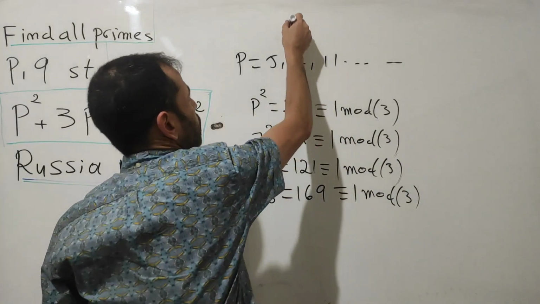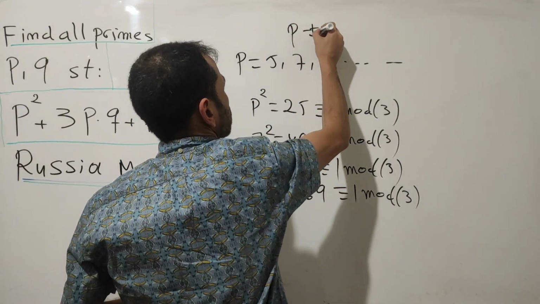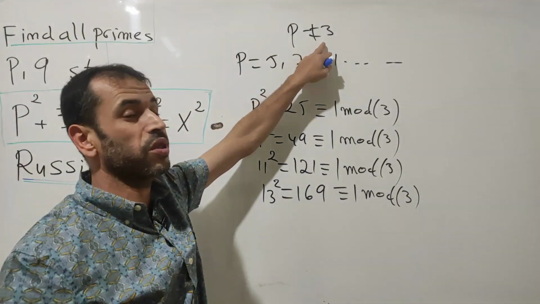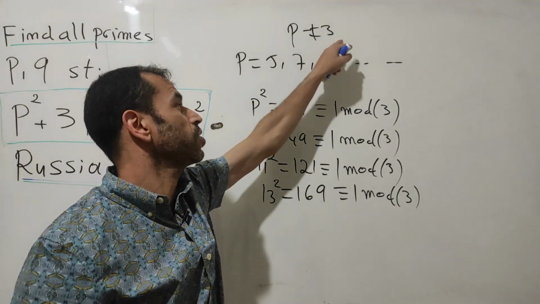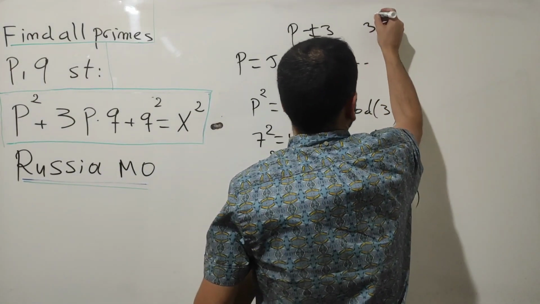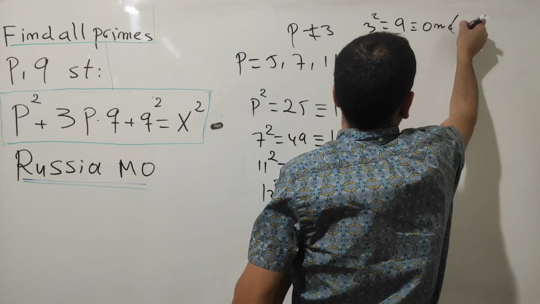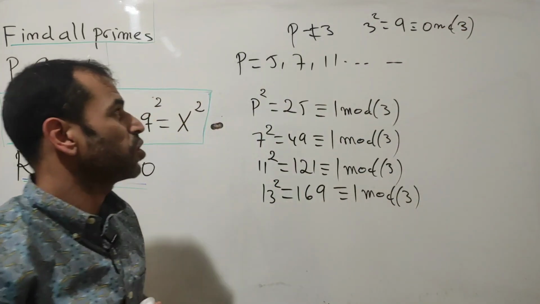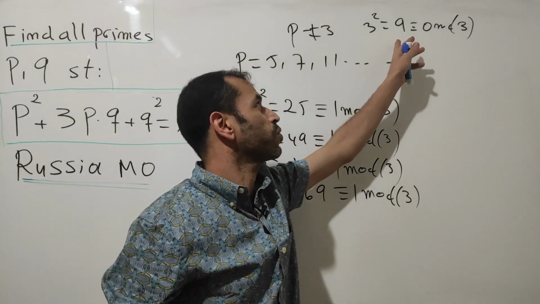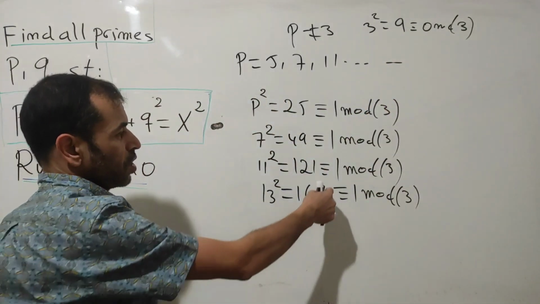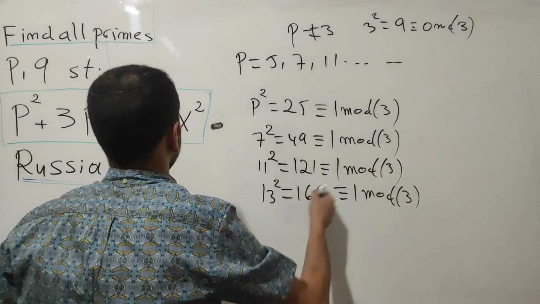Except if p equals 3, because this works whichever the prime is except the number 3. If you square 3, you get 9, and 9 is 0 mod 3. You see this difference. The only prime that has a problem is the odd prime 3. All others give a remainder of 1 mod 3.